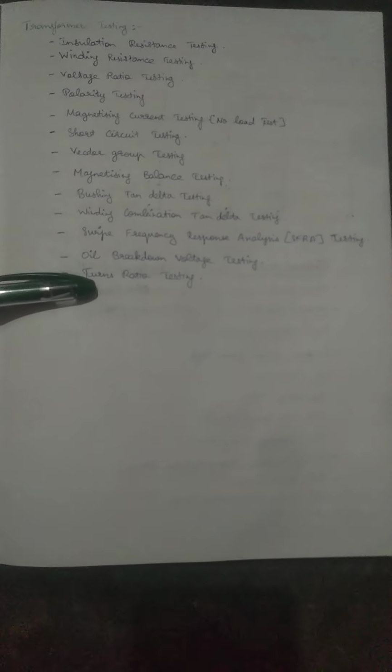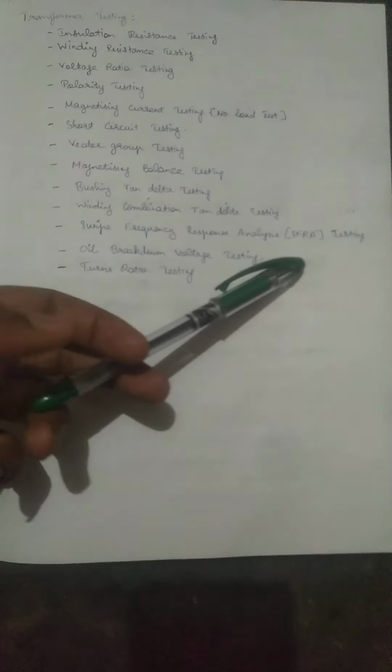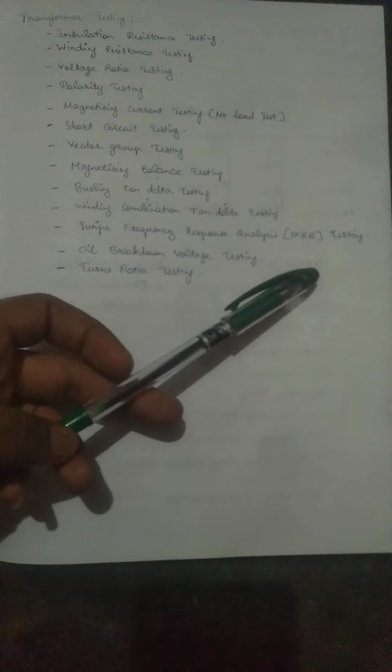Then next is the sweep frequency response analysis. At the time of movement there is a chance of internal damage in our transformer. In order to check that, we use this sweep frequency response analysis, SFRA testing.